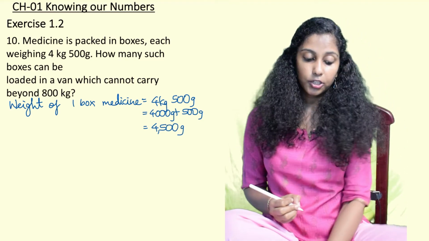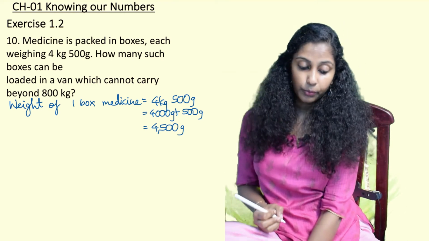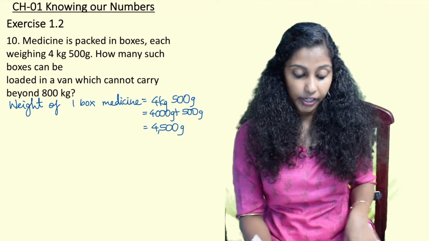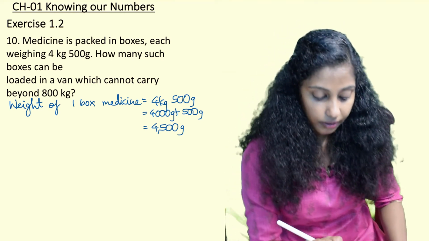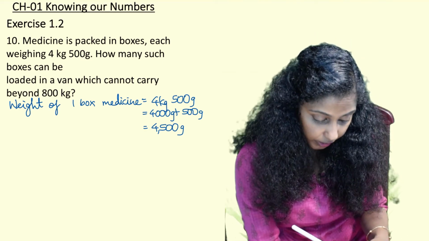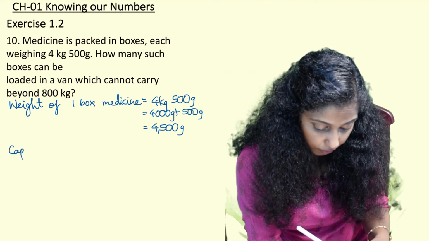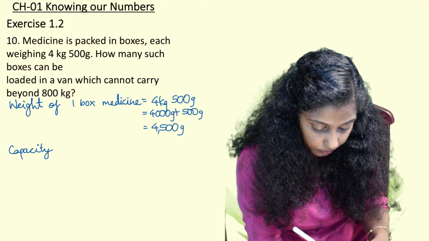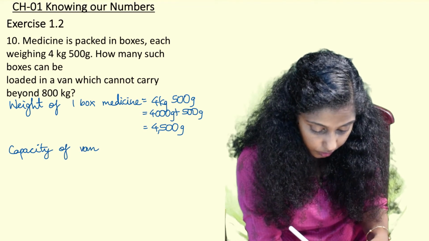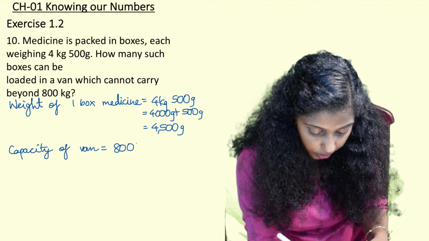How many such boxes can be loaded in a van which cannot carry beyond 800 kg? So 800 kg is the capacity. So we write capacity of van is equal to 800 kg.